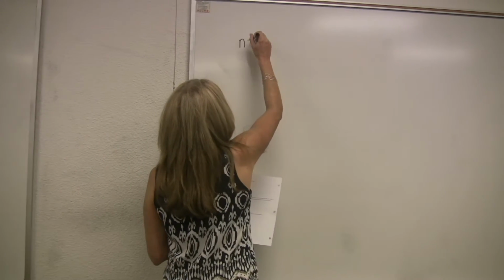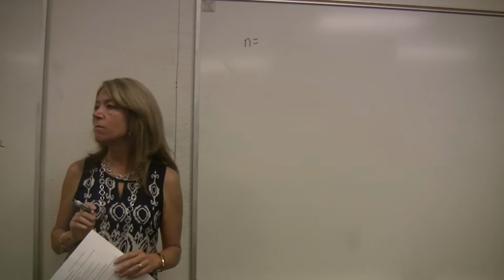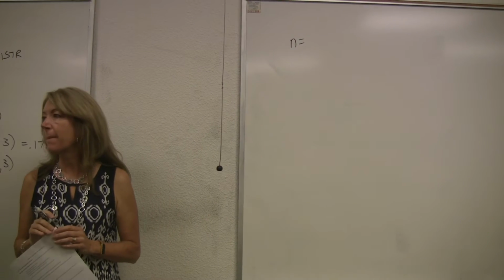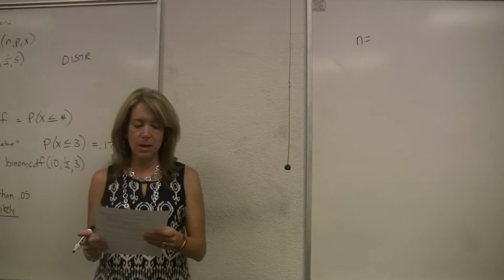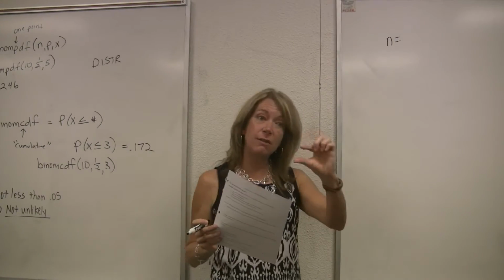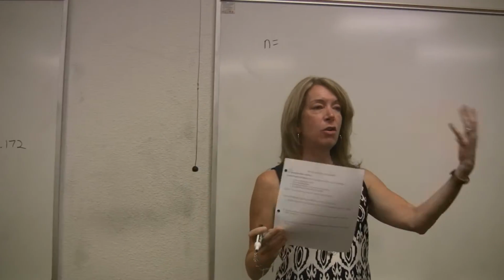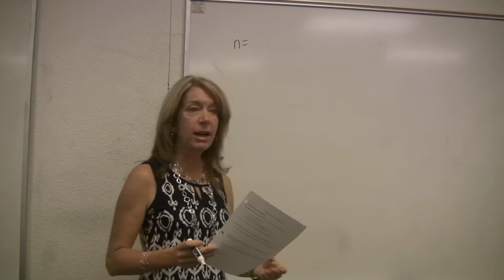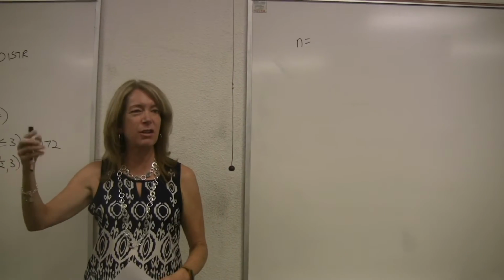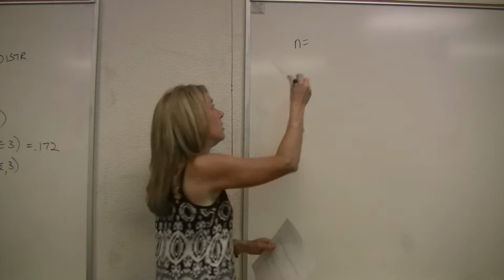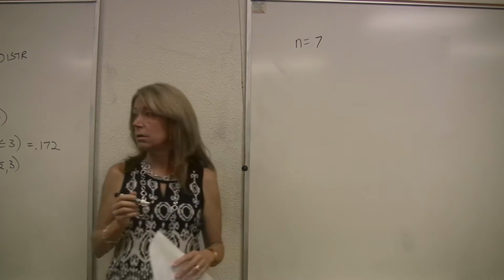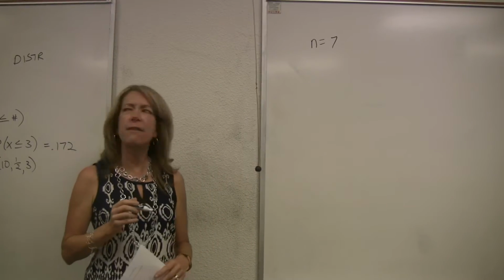So in this case, what is n? Number of answers, so 5? The 5 has to do with each individual question, but how many total questions does he have? Seven. That's your n, the number of trials. Where does the 5 come in?